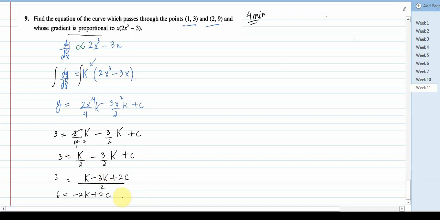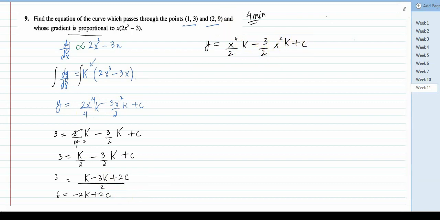After that I will use the same method for the point (2, 9). My equation is y equals x⁴ divided by 2 k minus 3 over 2 x² k plus c.